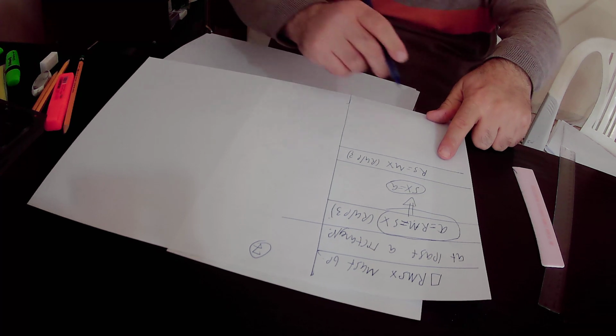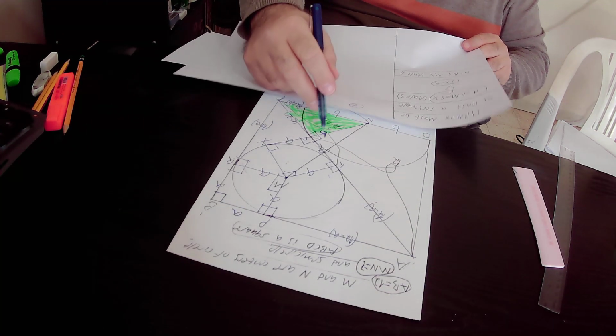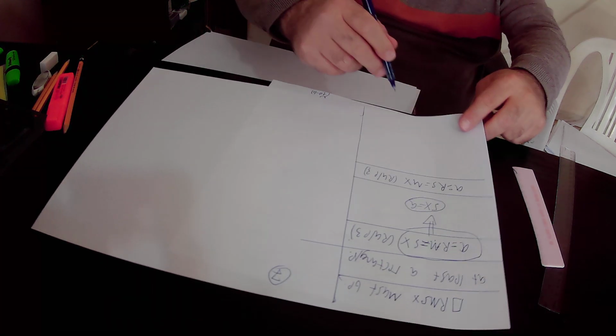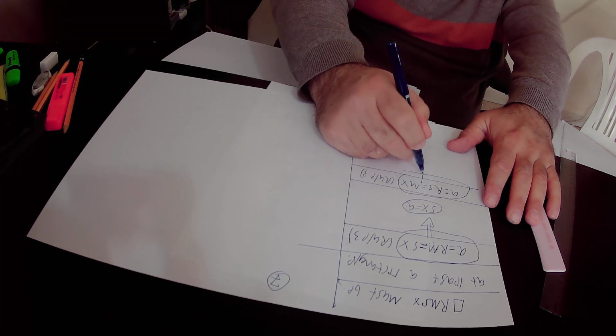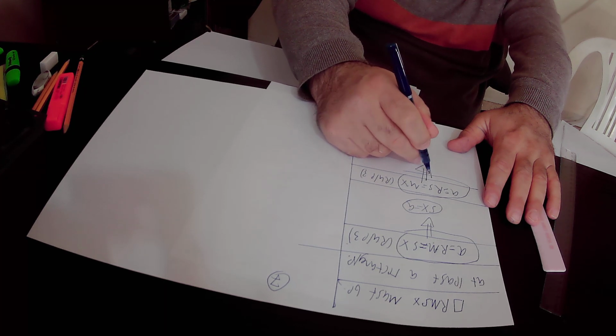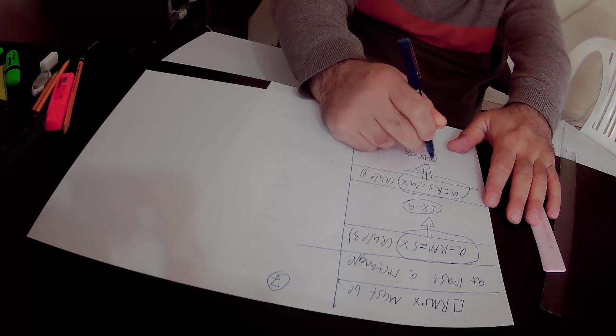But we have already found out that RS equals A. Here RS equals A. From this equation A equals RS equals MX, we will derive that MX is also equal to A.